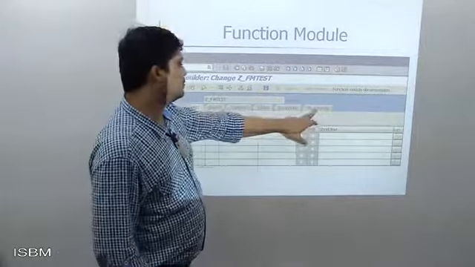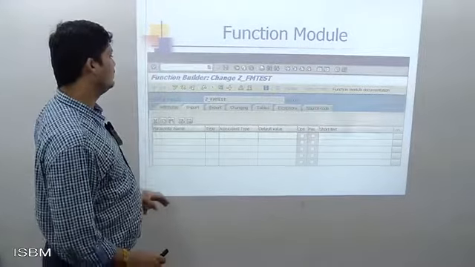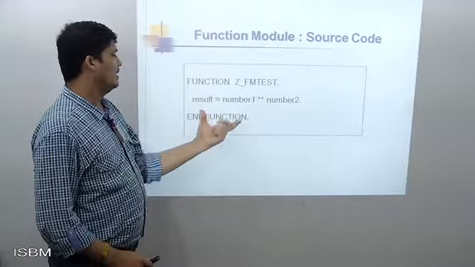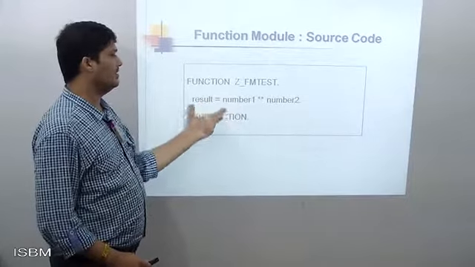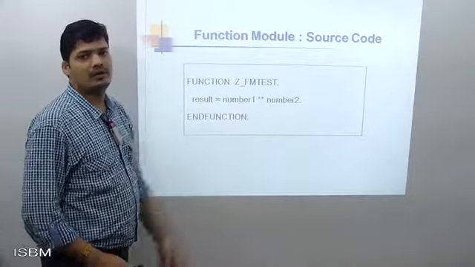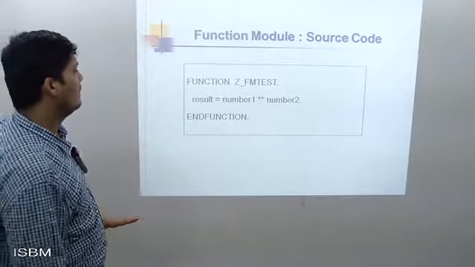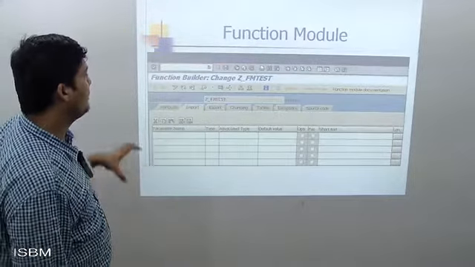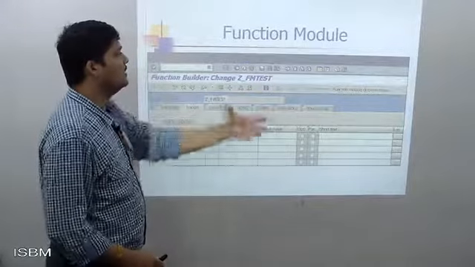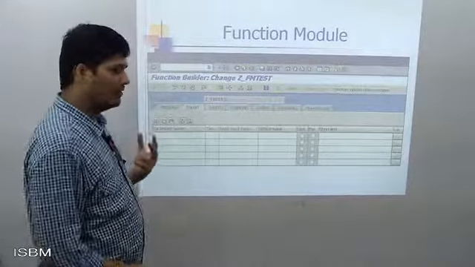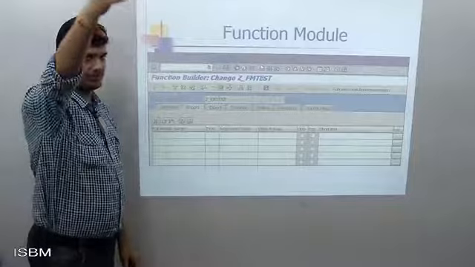And in the source code, inside the function, you write result equal to number 1 into number 2. That's it. This is simple. One of the simplest ways to create a function module for multiplying two numbers.